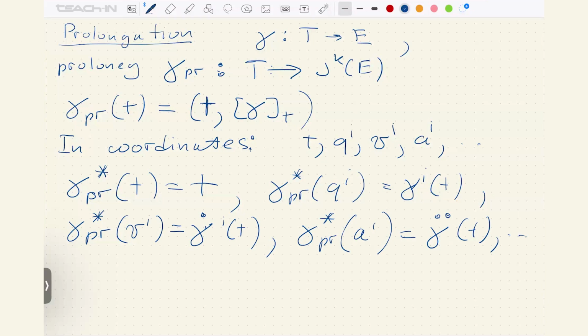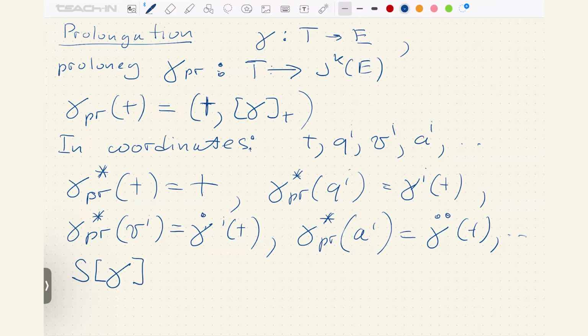For instance, now we know how to write down the Lagrangian in this fancy language, the action. So if we are given a Lagrangian, which is just a function on a jet bundle, then S is a functional of our section.